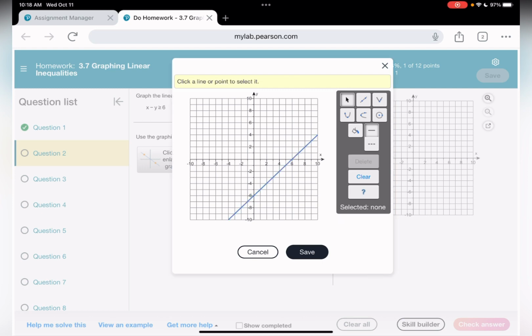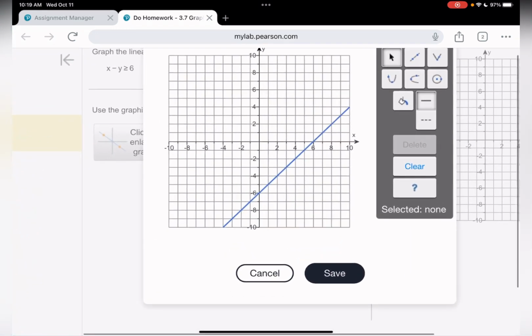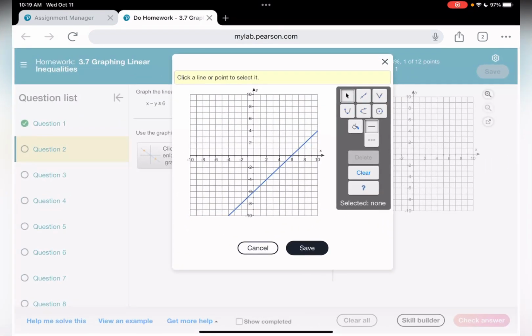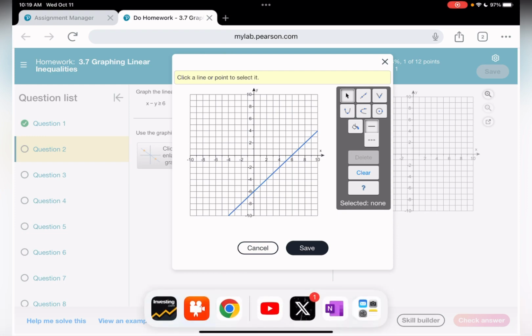And it says less than or equal to. So how am I going to know which side to shade? Let's take any point here. For example, if I zoom in, let's say I'm taking 5 and -6. x is 5, y is -6.